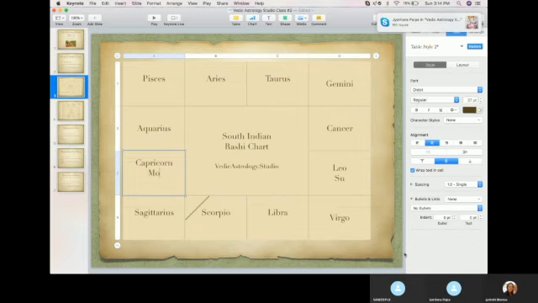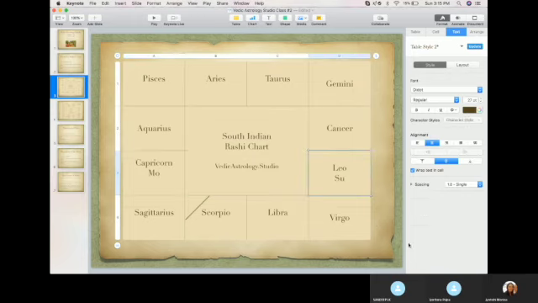Yes. Wait, one more time. Try one more time. The sun from the Lagna, from the ascendant. What house and what sign?